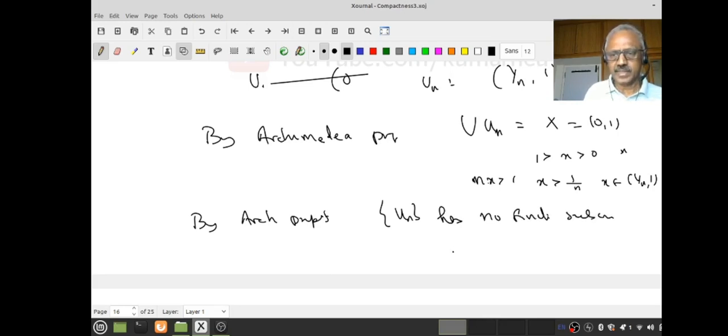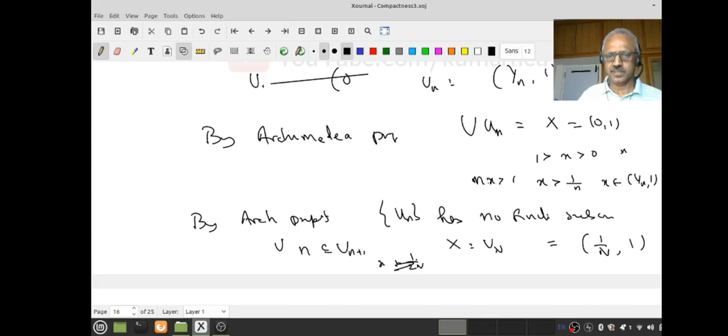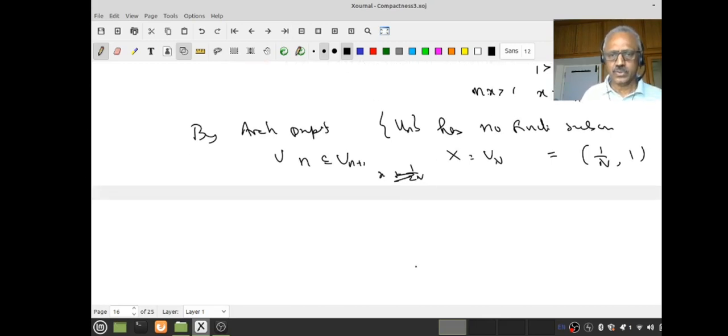Because if it has, remember U_n is contained in U_{n+1}, therefore if it has a finite subcover, X must be all of some U_n. That means it must be of the form (1/n, 1). But if I take x equal to 1/2n, that's not here, but it is in the space, right? So this is an example of a bounded metric space which is not compact.